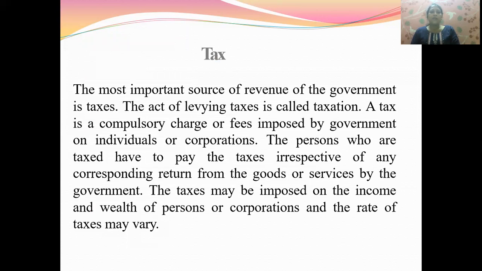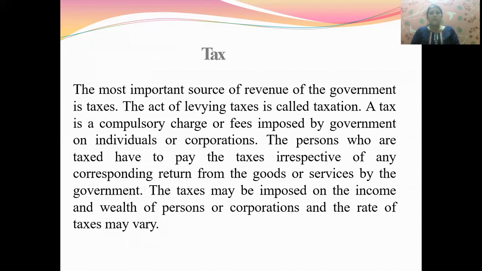So what is tax? The most important source of revenue of the government is tax. The act of levying taxes is called taxation. So tax is a noun and taxation is also a noun. A tax is a compulsory charge or fee imposed by government on individuals or corporations.